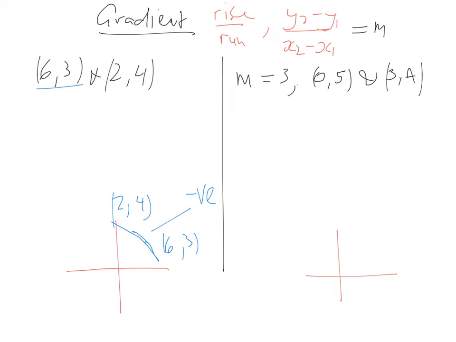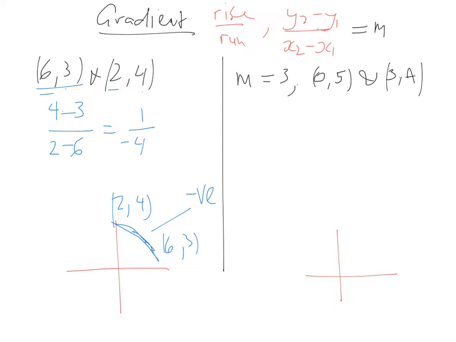So I'm going to set this thing up. So y2 minus y1, I'll do 4 minus 3 over x2 minus x1, 2 minus 6, and I'm left with 1 over negative 4.